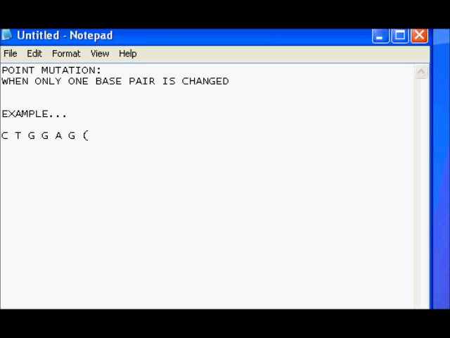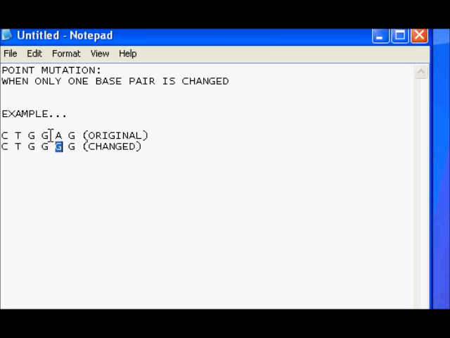So C, T, G, G, and then this A gets changed to a G. So this is the changed one. You can see right here, this is the one base pair that is changed, like we said. All the rest stay the same, so that's the only one that changes.